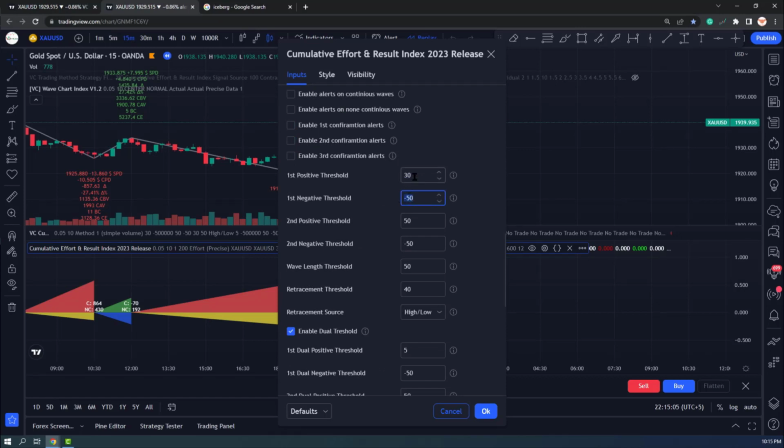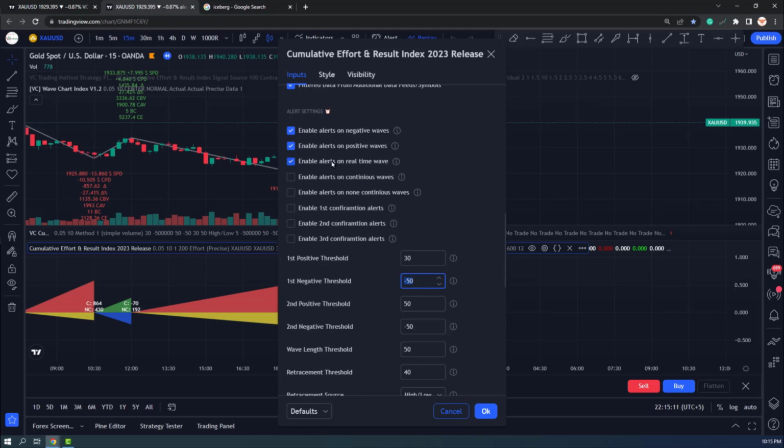I am concerned here at the moment, as I mentioned, only with the first and real-time alerts. The first and real-time alerts belong only to the first threshold, the first positive threshold and the first negative threshold.